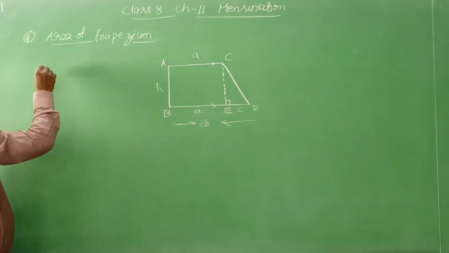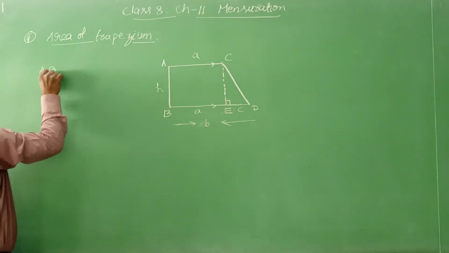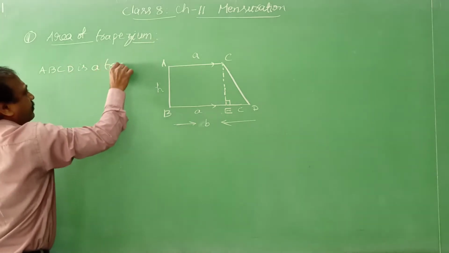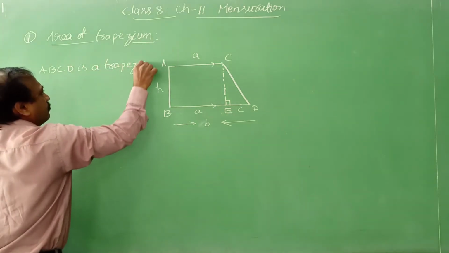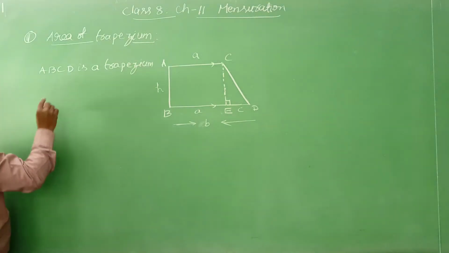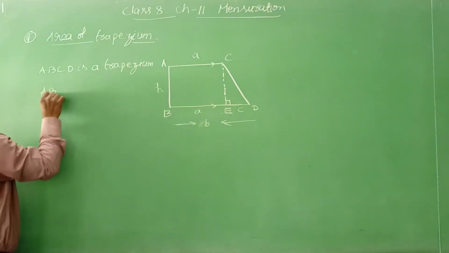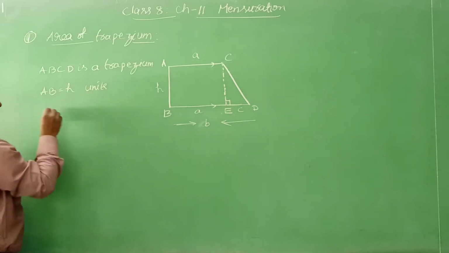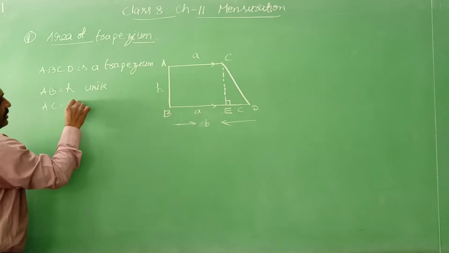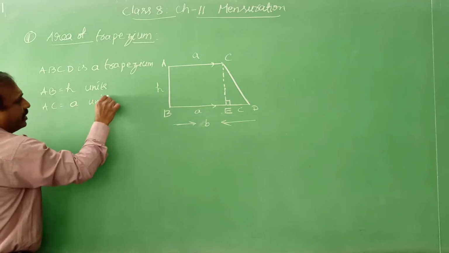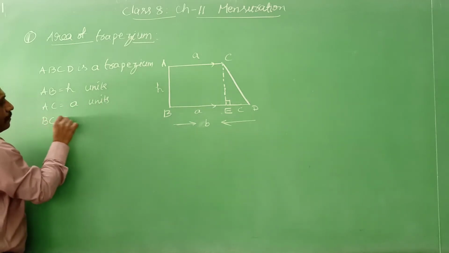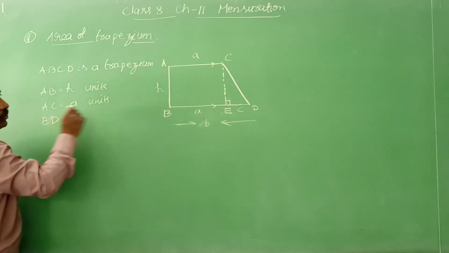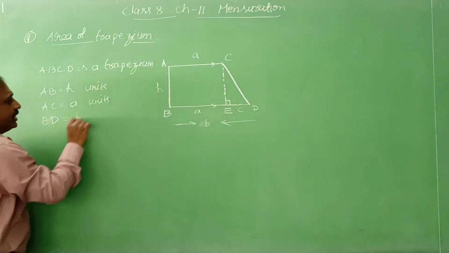So here, given ABCD is a trapezium in which AB is equal to H units, AC is equal to A units, and BD is equal to B units.